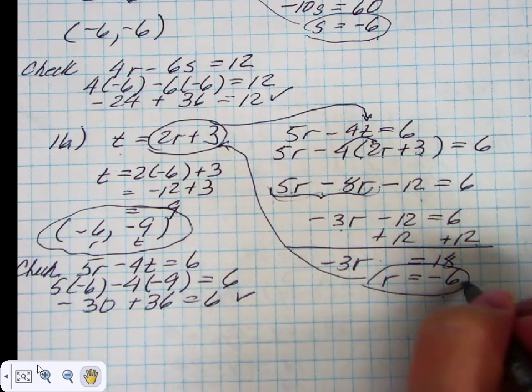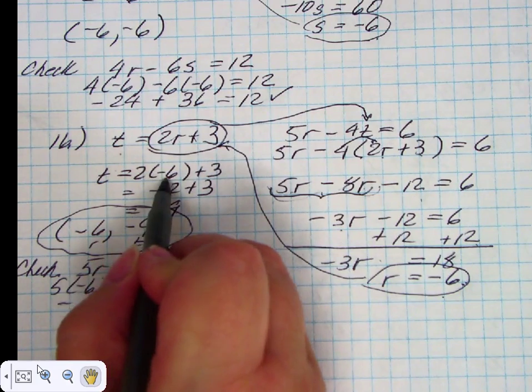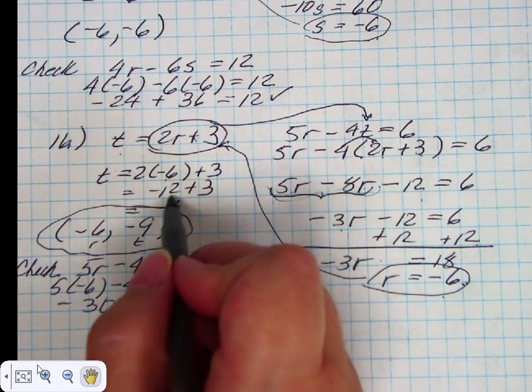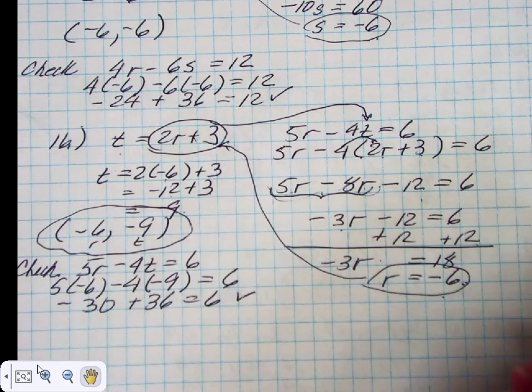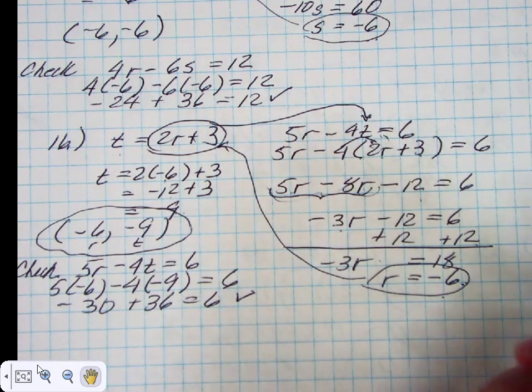Remember, from here we go circle to circle. So 2 times negative 6 plus 3 is negative 12 plus 3, which is 9. And then I did check with this equation. Okay, hope you got it.